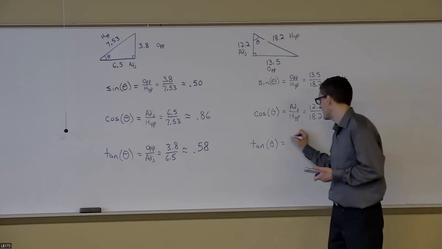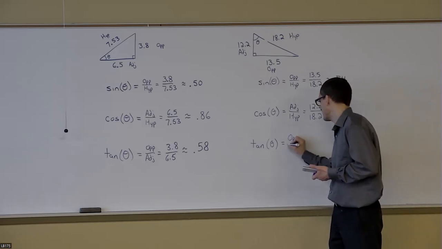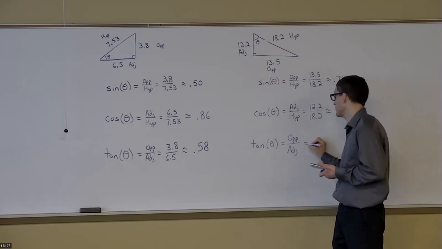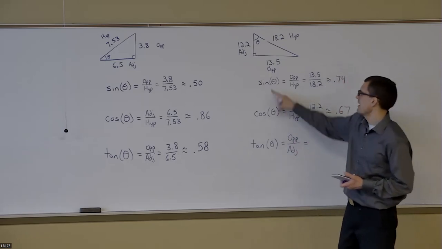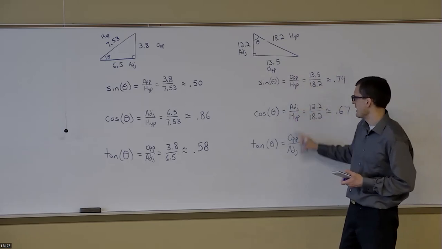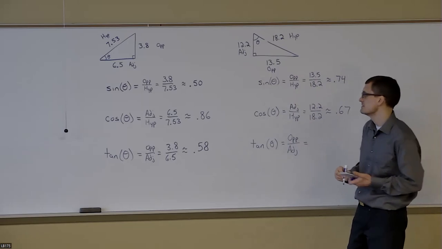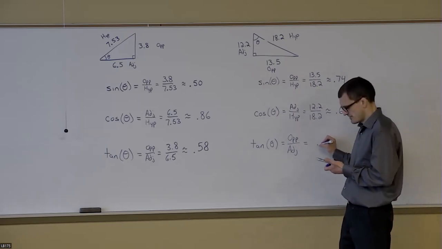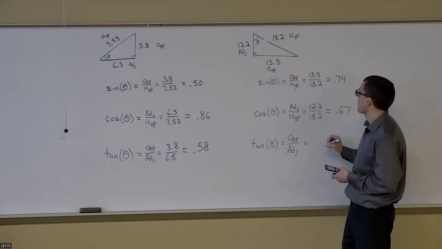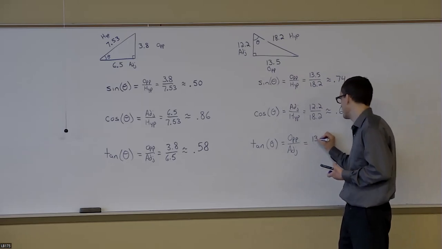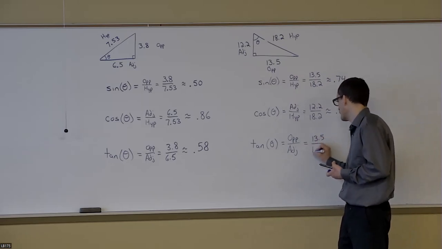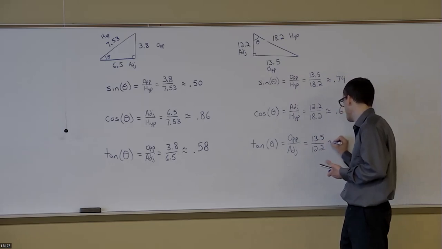Tangent of theta is opposite over adjacent. Again, SOHCAHTOA, right? That's going to be 13.5 over 12.2.